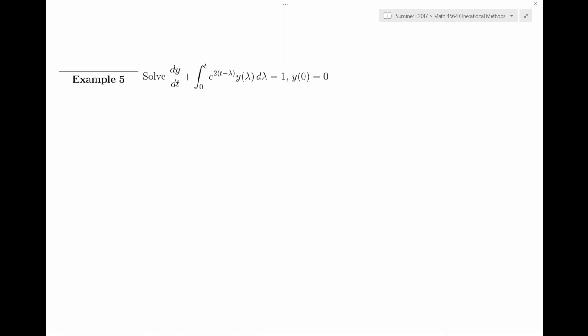First, to rewrite this equation as the equation with the convolution. We have y prime plus the convolution of e to the 2t with y. That's equal to 1.